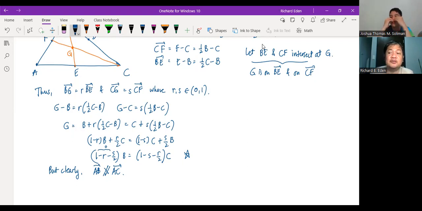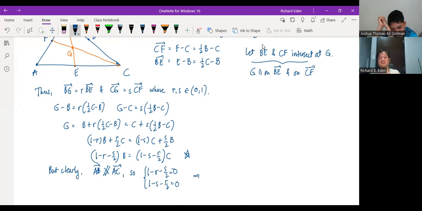And C is different from A, so C is not the origin. So, all right. And so what that would then give us is a system of equations. 1 minus R minus S over 2 equals 0, and 1 minus S minus R over 2 is equal to 0. So we should be able to solve for R and S.